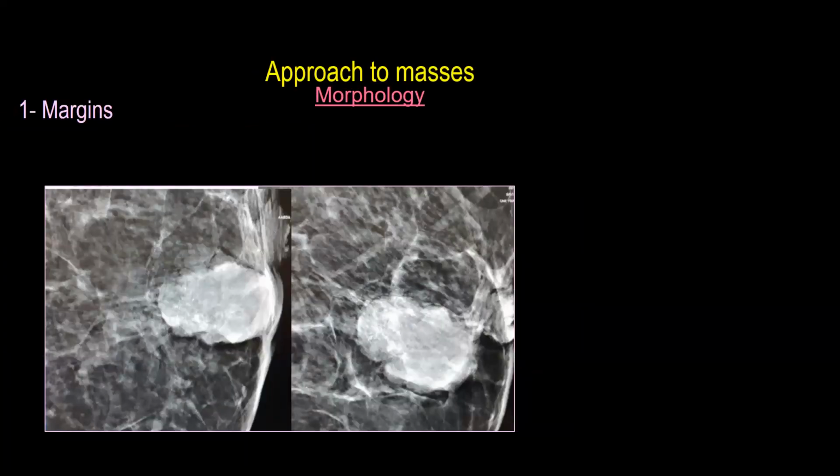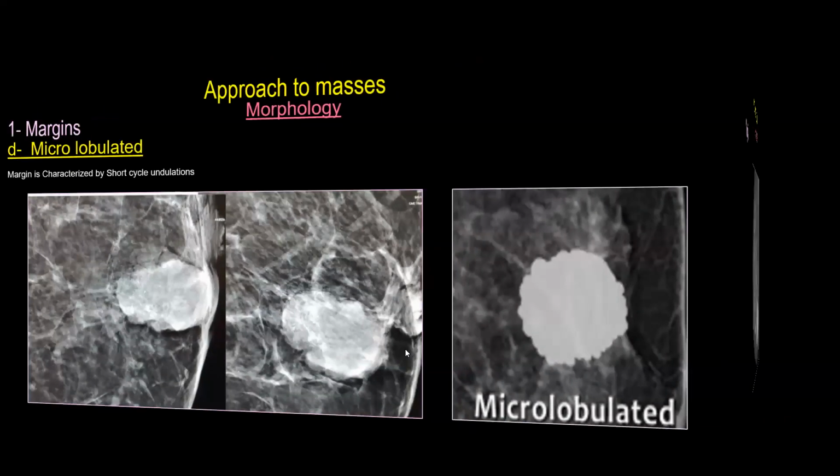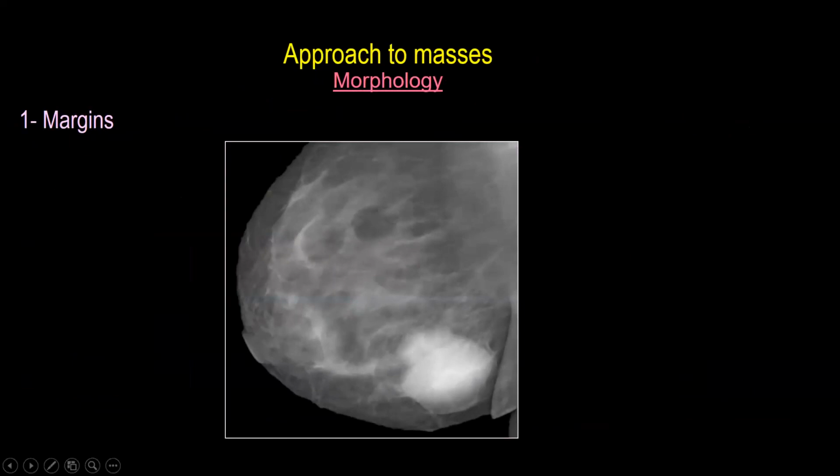Margin? Microlobulated. Excellent. Short cycles. Though here they are too numerous, they are still short cycles and multiple cycles. Okay, and here, margins.